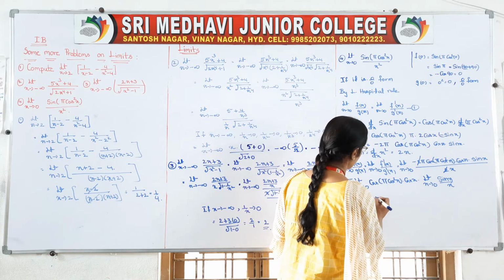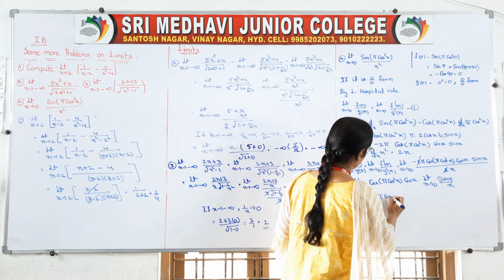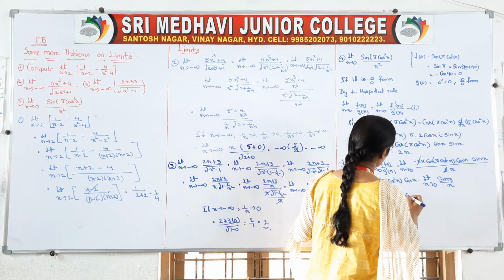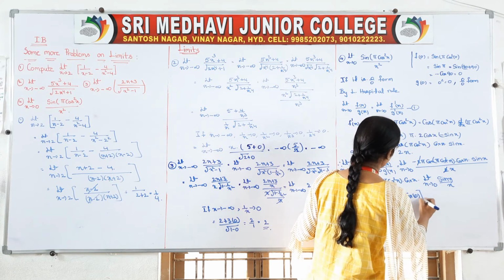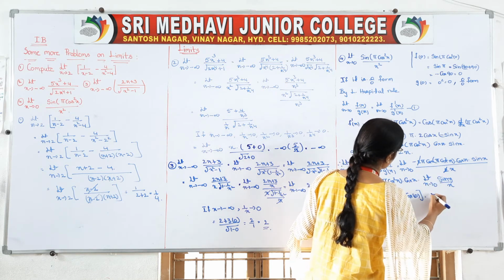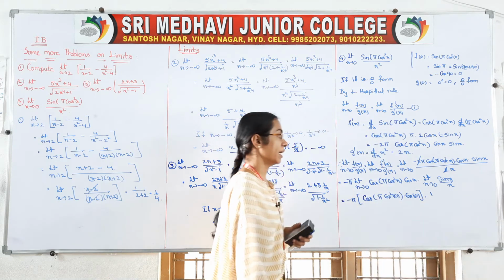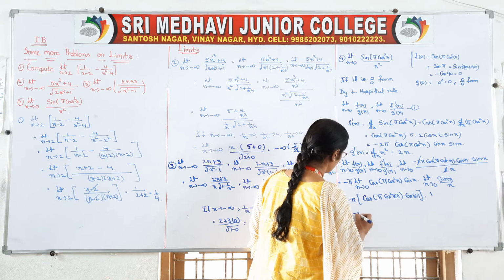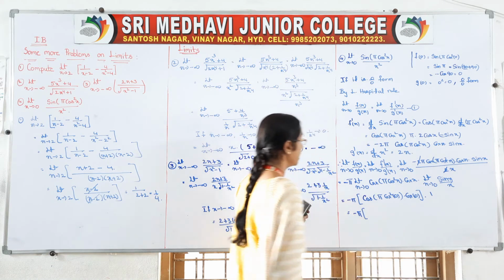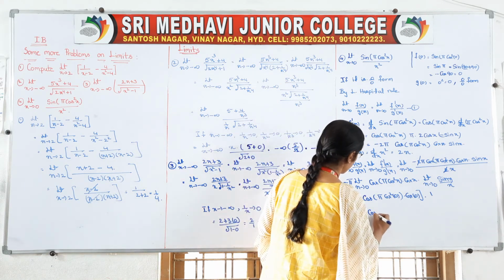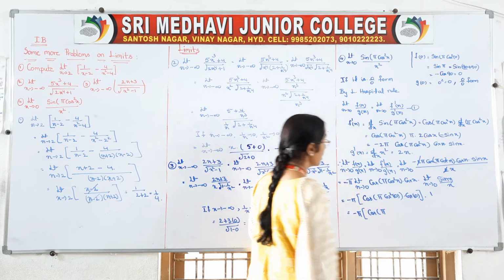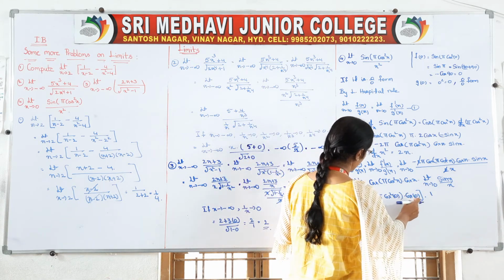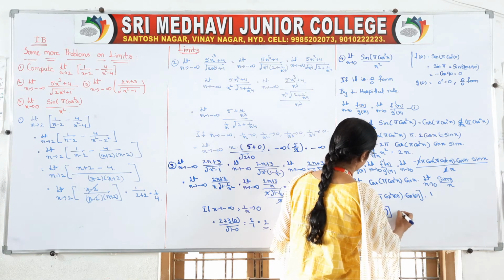So it is cos of pi cos square 0, right, into cos 0, into limit x tends to 0 sin x by x, which is equal to 1. So it is equal to minus pi into cos of pi, since cos 0 is 1, 1 square is 1 only, into 1, that is cos pi.